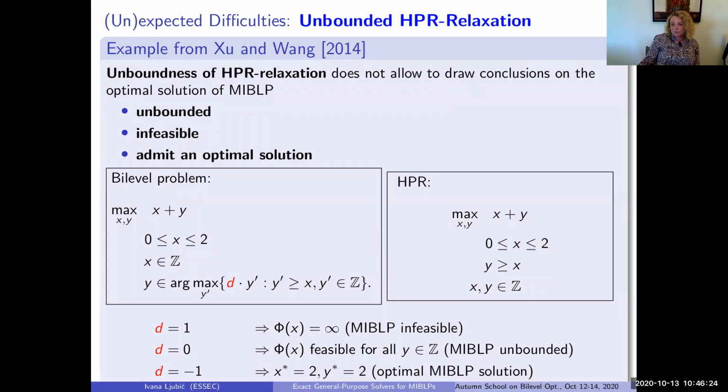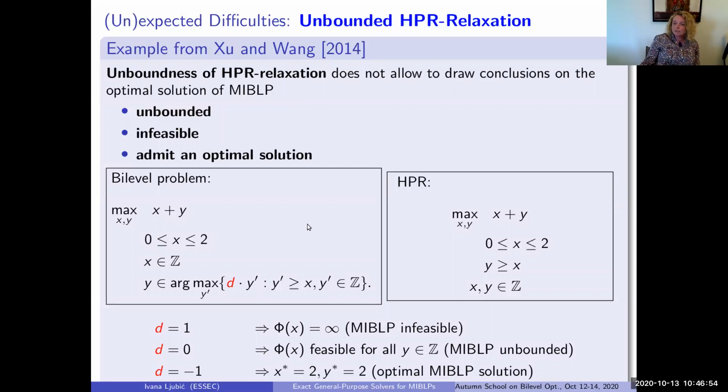One thing that you can safely assume, if you think of modeling the problem from the practical perspective, is you know the meaning of the x and y variables, so probably you can impose some reasonable bounds. By imposing some reasonable bounds on these variables, you can actually get rid of the situation that the HPR relaxation will be unbounded. Okay.